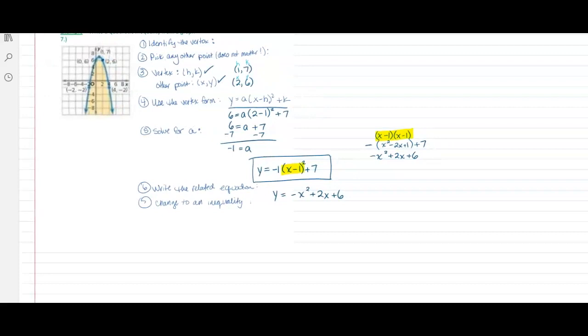We need the inequality. How would I show shading under the quadratic? Well, let's test it. Let's make it less than or equal to, since it's under the quadratic. And then let's test a point. 0, 0 is a nice easy point to try. Is 0 less than or equal to -0 squared plus 2 times 0 plus 6, just putting 0, 0 in here?